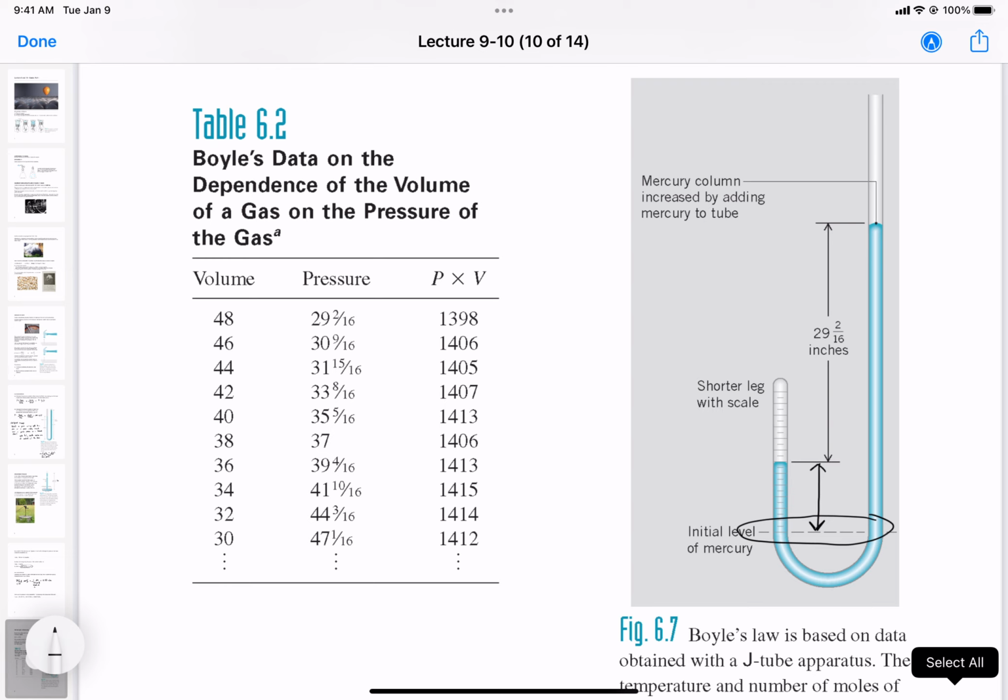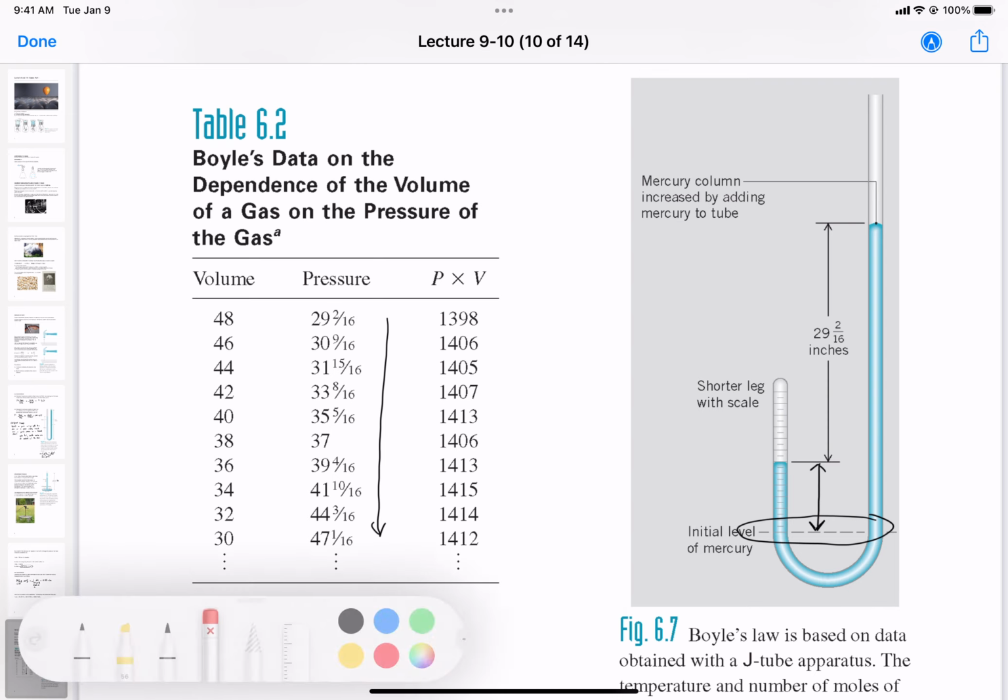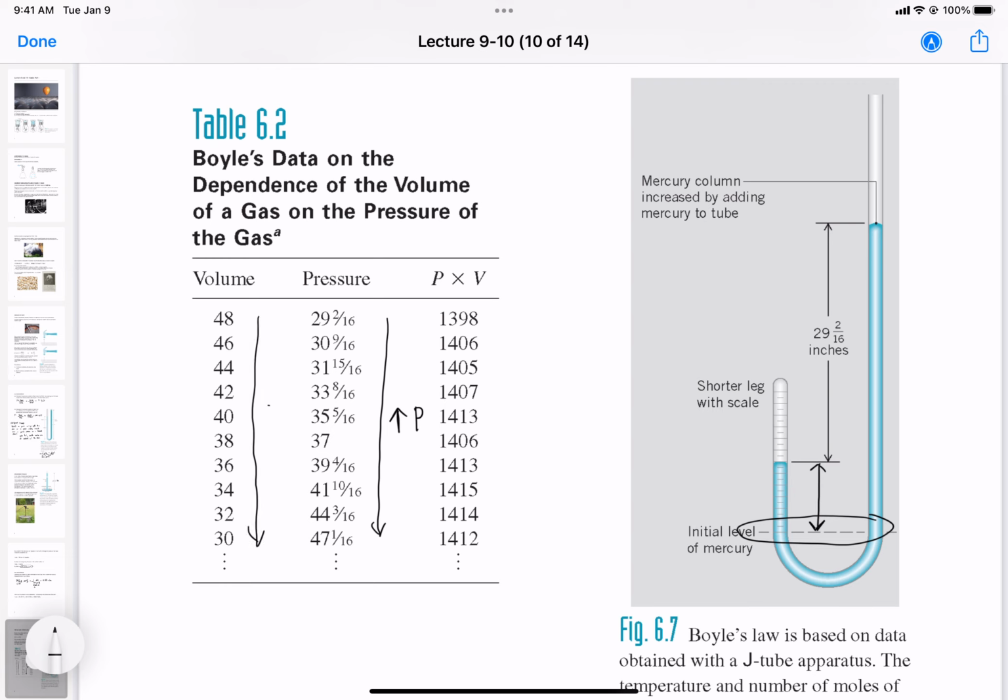And we see here that these units are inches of mercury, so they measure inches instead of millimeters. As the pressure is increasing, the volume is decreasing.